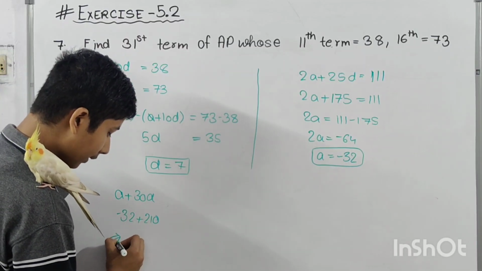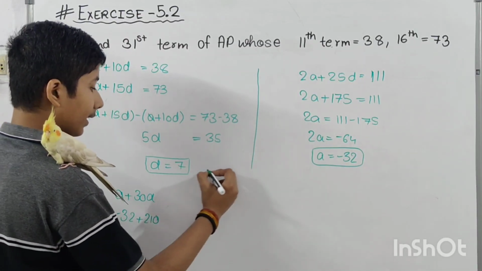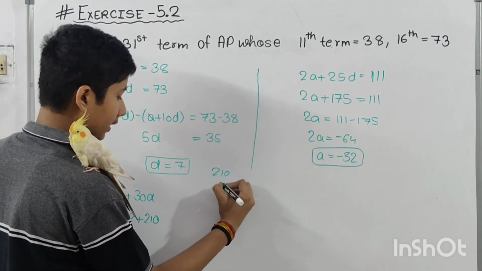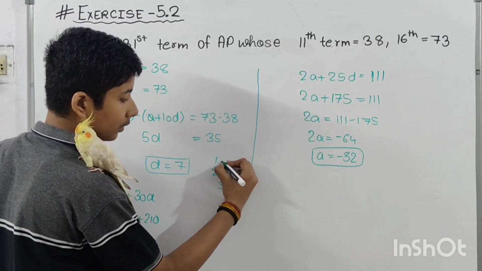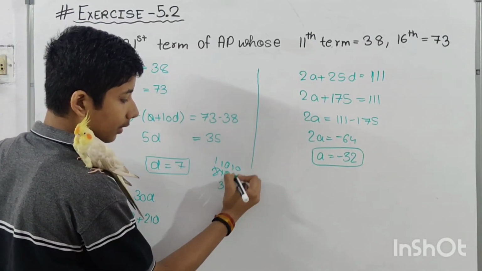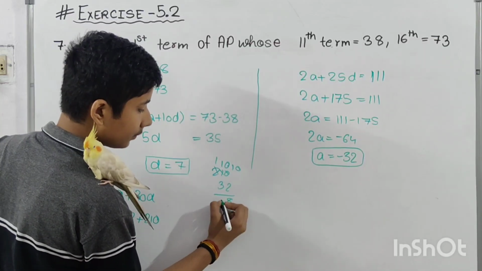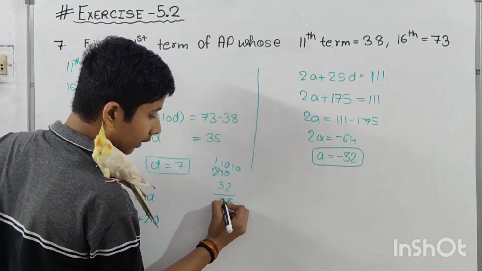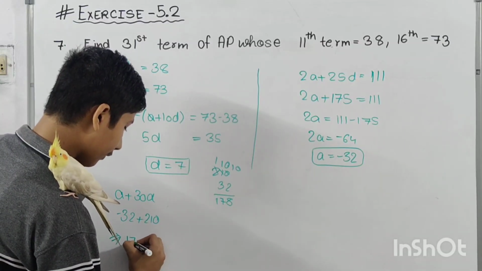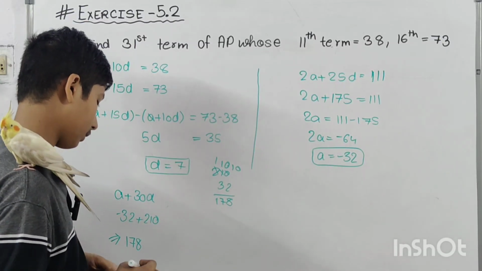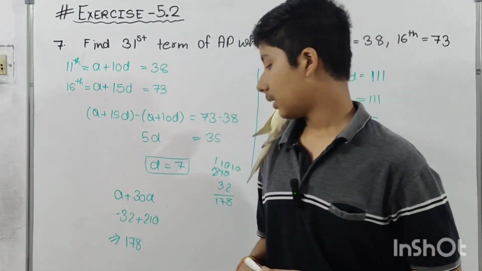So this will become 210 minus 32, which is 178. I hope this is clear.